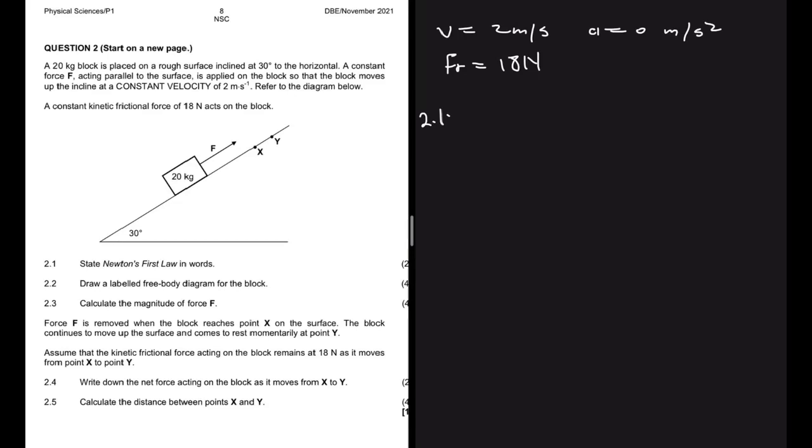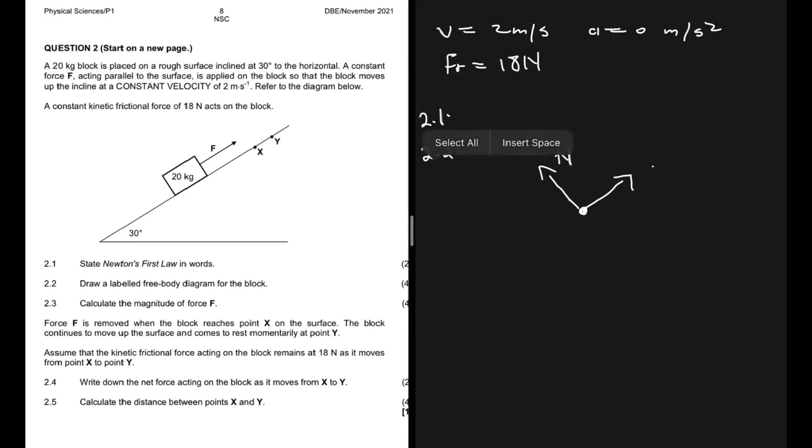And then 2.2 says draw a level 3 free body diagram for the block. So I'm just gonna go ahead and do that. So that's our block, and then we are told that there's a force F that is applied on the block, right? And then since it is resting on a surface, we have a normal force.